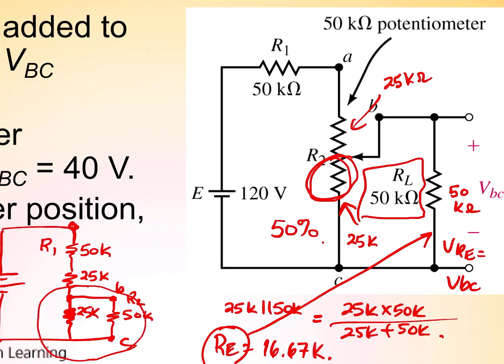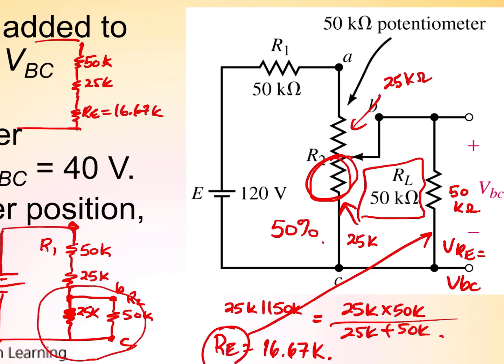So knowing that, then we could use voltage divider rule here. And what it means is you've got the equivalent total resistance of 50k in series with 25k in series with R equivalent equaling 16.67k.